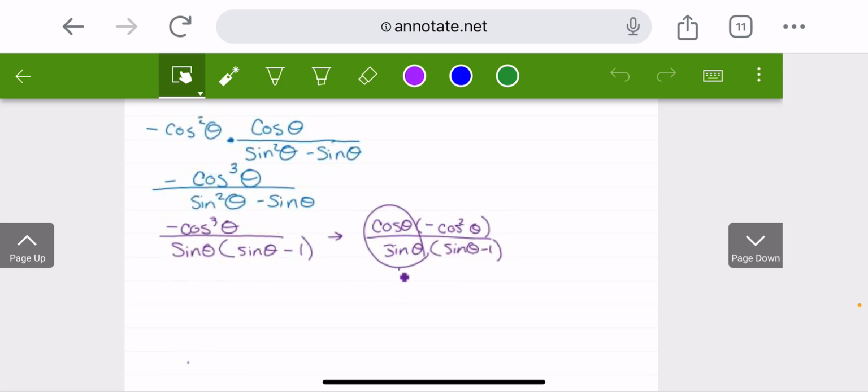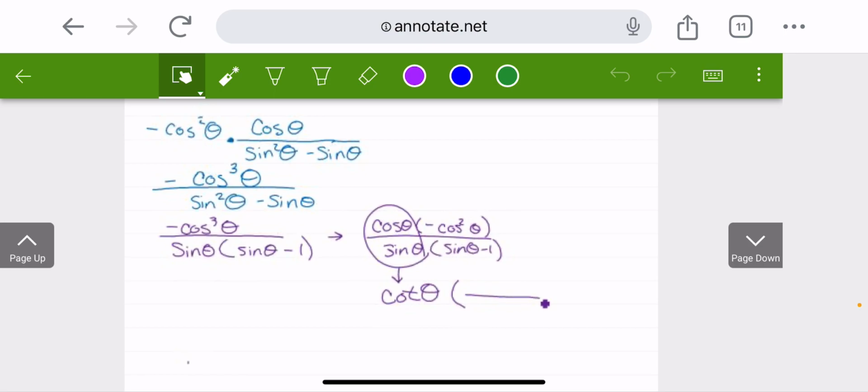I know, it's doing too much. It's a lot. Cotangent theta, and what we have left over on this side is our minus cosine squared.